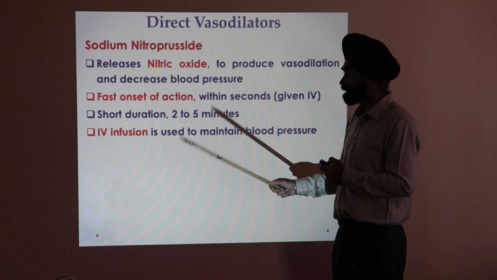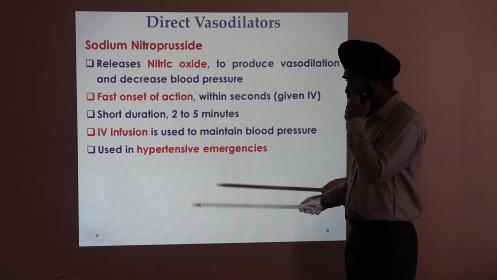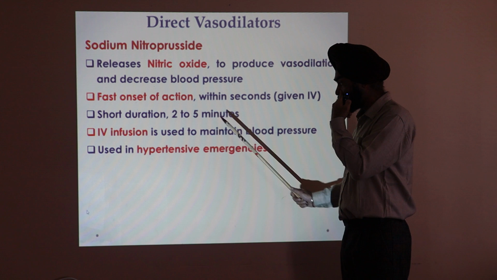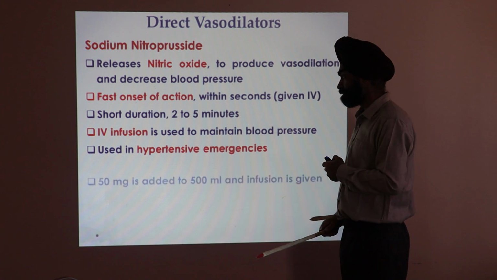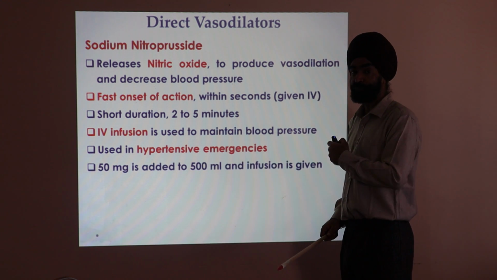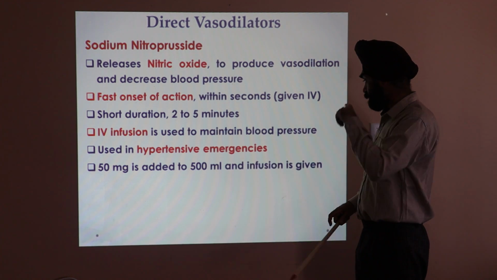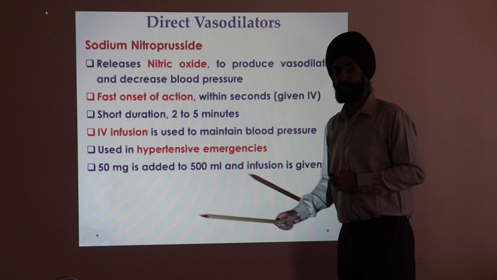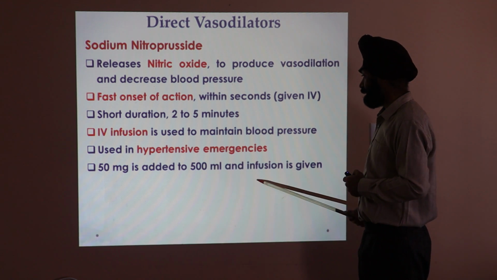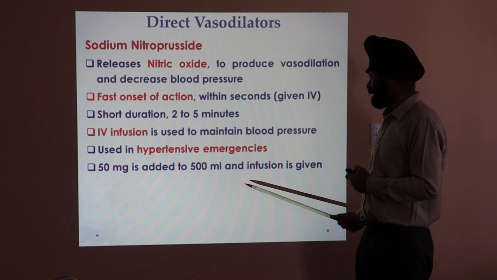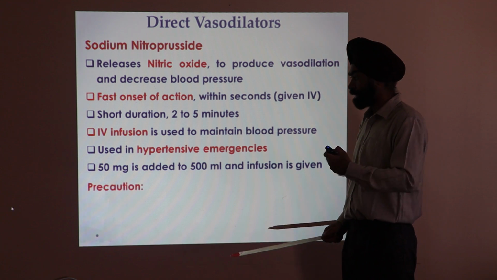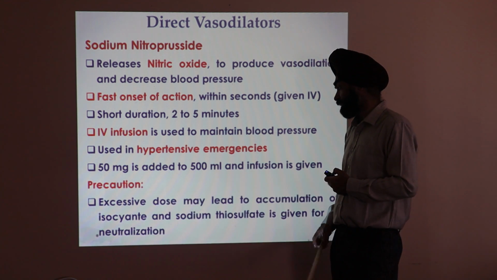It happens when the person is in the hospital because of an emergency condition, a hypertensive emergency, where there is very high BP. Then you want to control the BP in a short period of time, so you give sodium nitroprusside. So what do we give? You take 50 milligrams of the drug, dissolve it in 500 ml of solution, then you infuse the drug slowly. So what is the precaution?